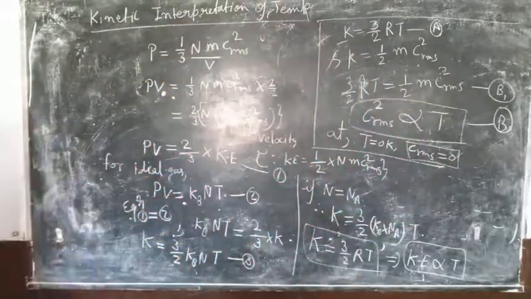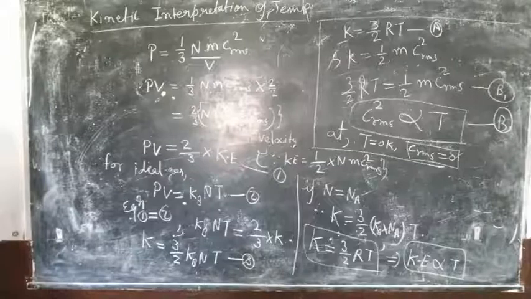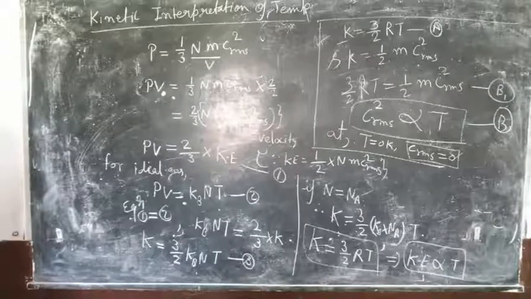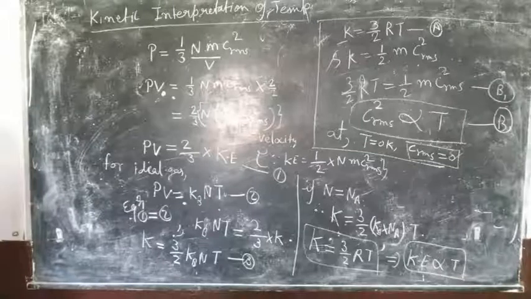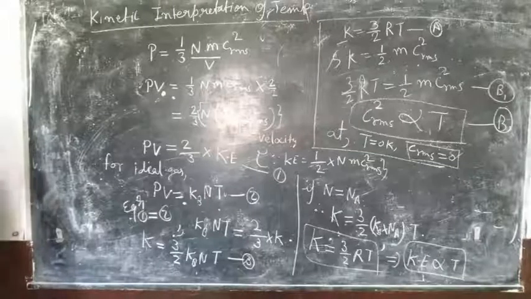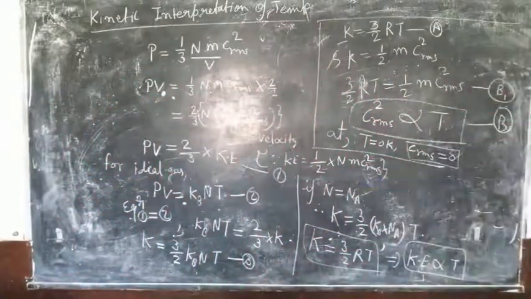Therefore, at absolute temperature, the root mean square velocity of the molecules becomes 0.